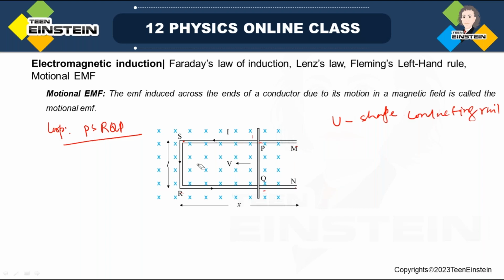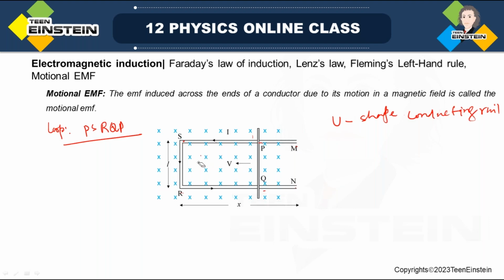You can think of this screen as the plane of the paper. That means there is a flux linked with this coil PQRS, because these magnetic field lines are there. Flux is linked in this loop.